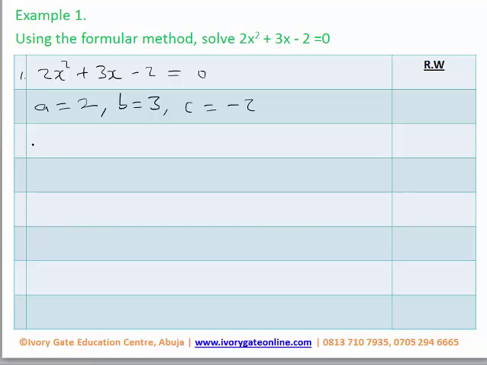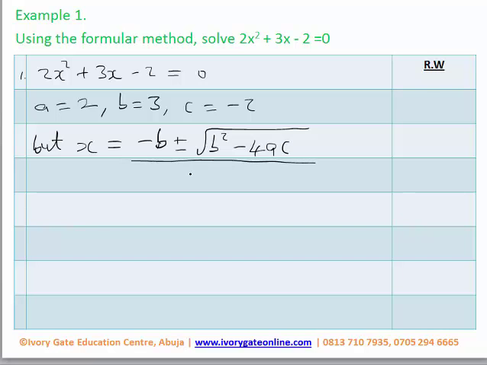But we have the relation that x is equal to, remember that, minus b plus or minus square root of b squared minus 4ac all over what? 2a.